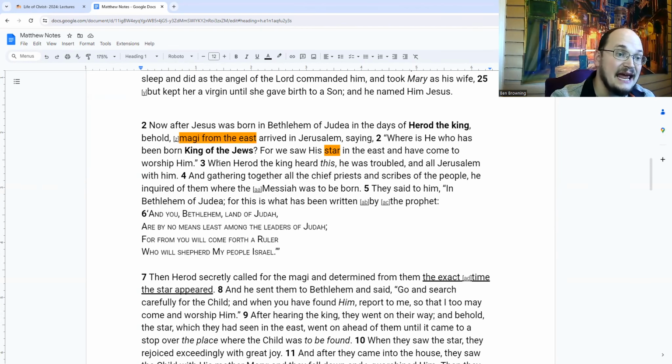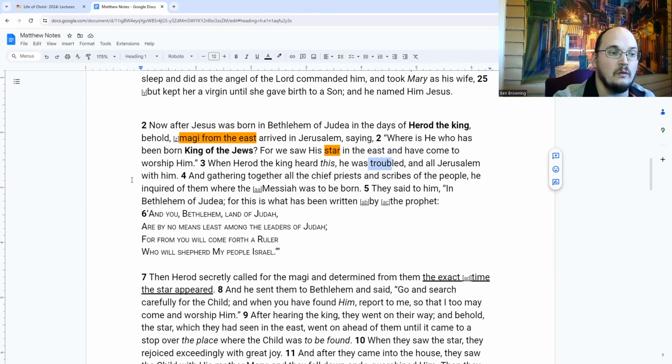So now when Herod the king heard this, he was troubled. Yeah, he was very troubled, right? Understandably so, because you have this context of him being a usurper and of astrologers or magi being seen as people who really knew things.